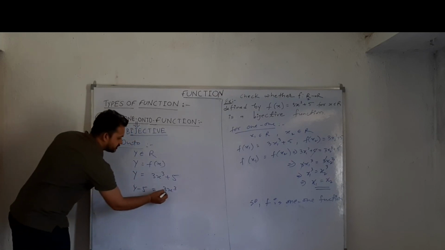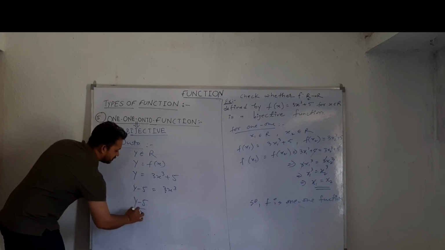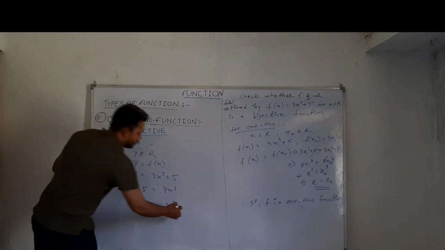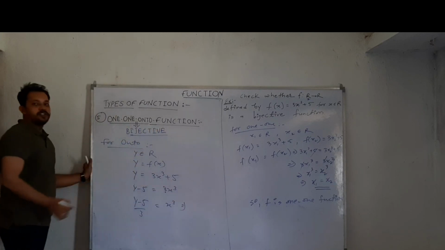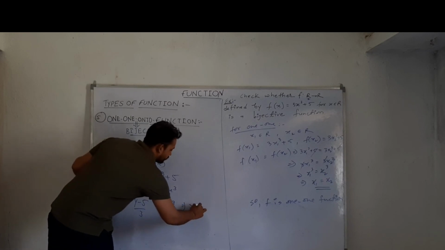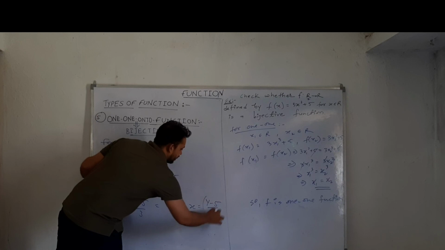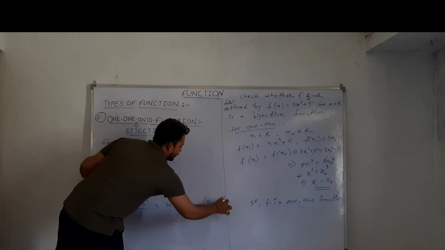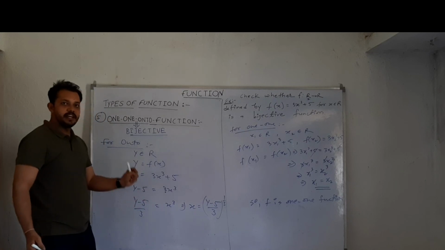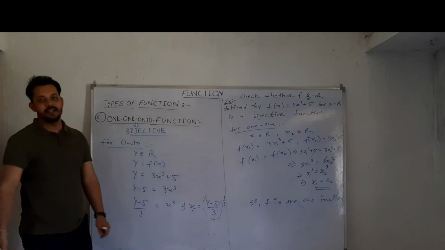Then we transpose 3 to this side, it becomes y minus 5 upon 3 is equal to x cube. Again, the cube is transposed and it becomes cube root, so x is equal to (y minus 5 divided by 3) to the power 1 by 3. So we have written x in terms of y.